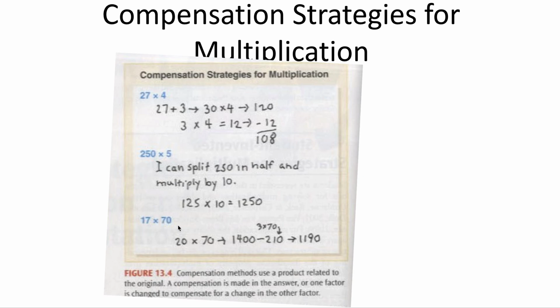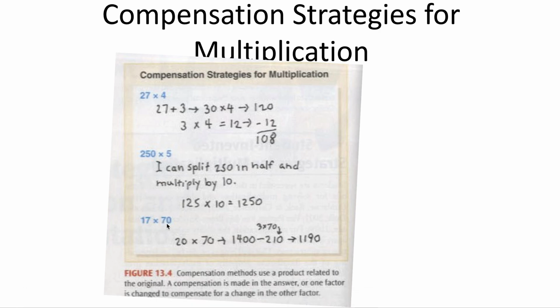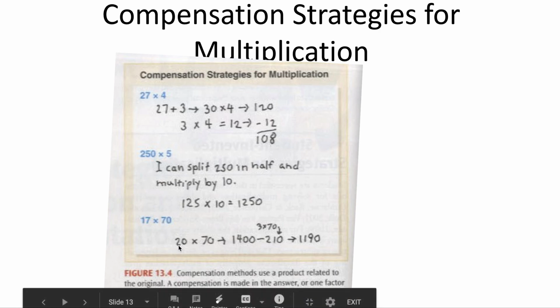17 times 70. 17 is kind of not a fun number, not an easy number, so this student changed that to 20. So instead of doing 17 times 70, he or she did 20 times 70.